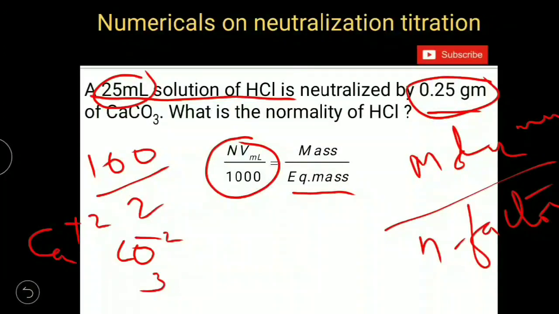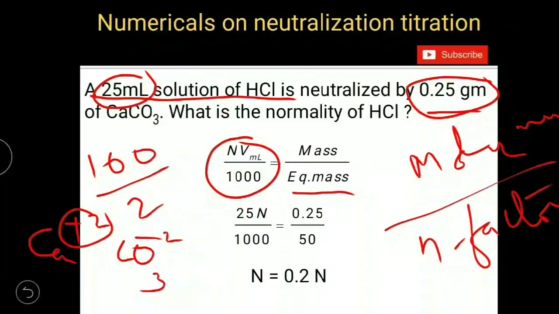The n factor of a salt is equal to the charge on the ion. The charge on the calcium ion is plus 2. So the equivalent mass will be 100 by 2, which is equal to 50. Substituting these values, you will get 25N by 1000 is equal to 0.25 by 50. If you simplify this, you will get normality is equal to 0.2.